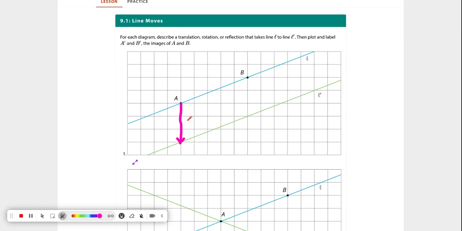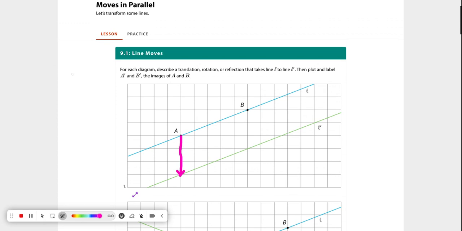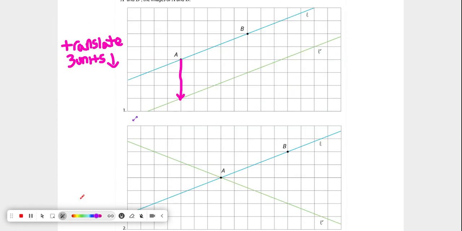So this would be a translation down by 3 units. In that case, point A prime would be right over here, and point B prime, translated 3 units down, would be right over here.